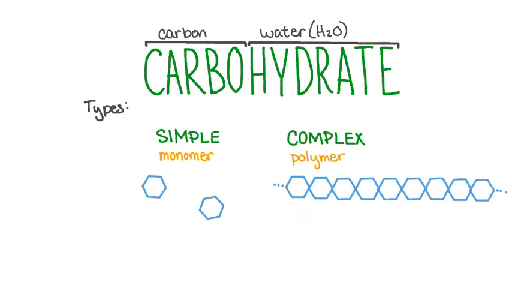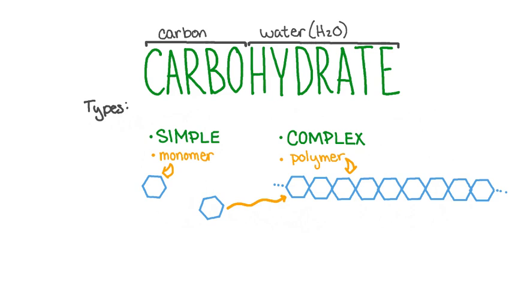Certain carbohydrates, called complex carbohydrates, are macromolecules, which are also referred to as polymers. A polymer is a large molecule made of several smaller repeating units called monomers. The monomers that make up complex carbohydrates are called simple carbohydrates.